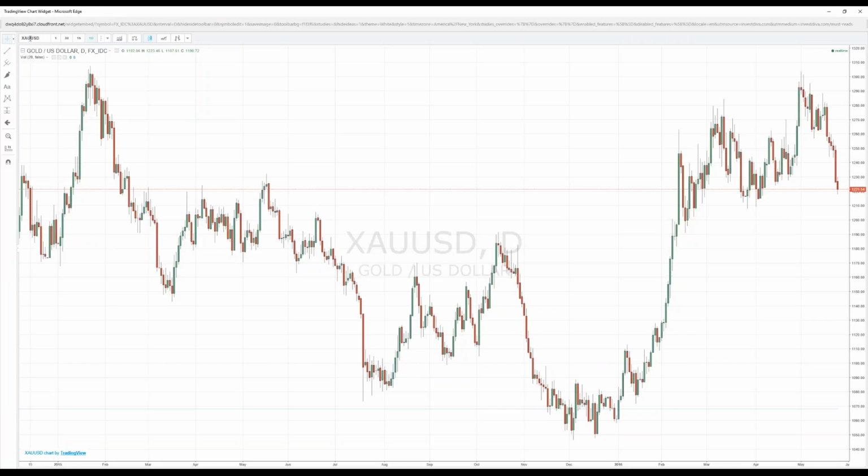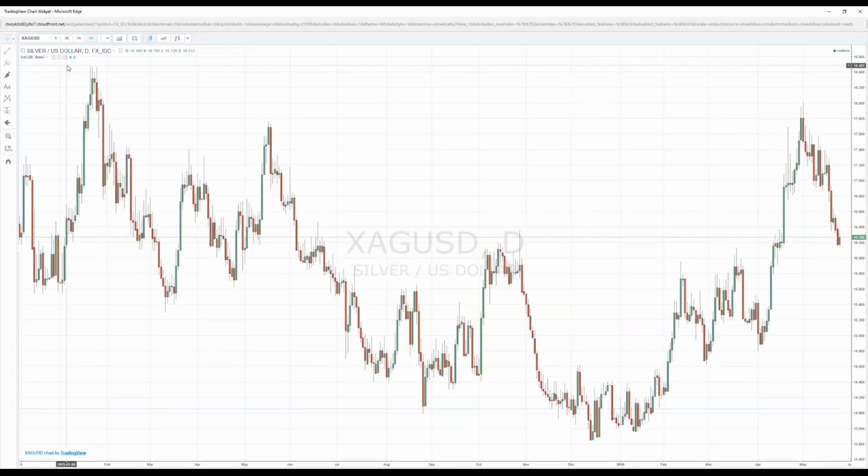And let's also take a look at silver and see what the correlation is, right? So if we take a look at silver, which is XAG versus the US dollar, you can see that it's almost identical to that of gold. So I'm not going to bother to show both gold and silver.